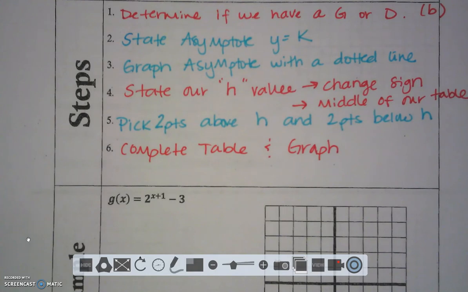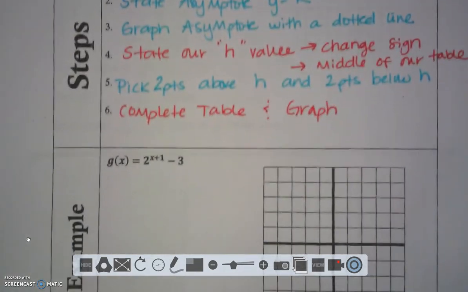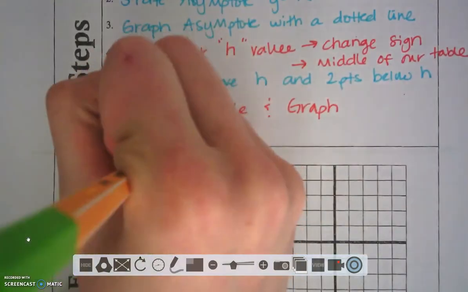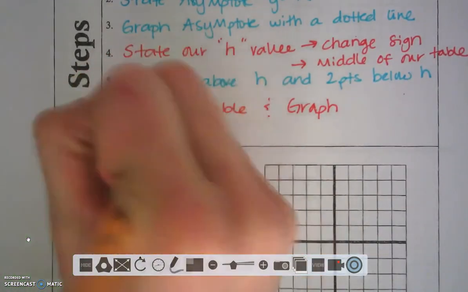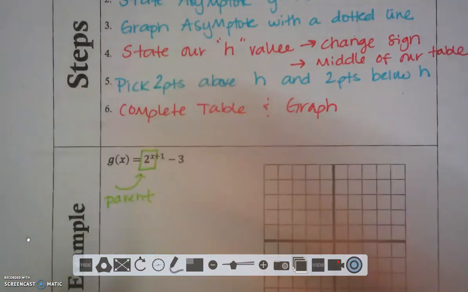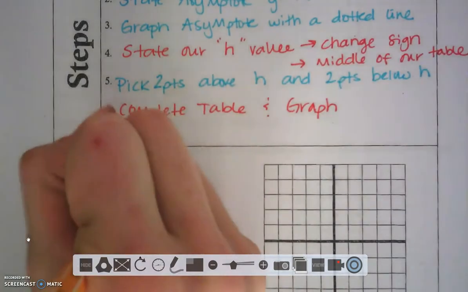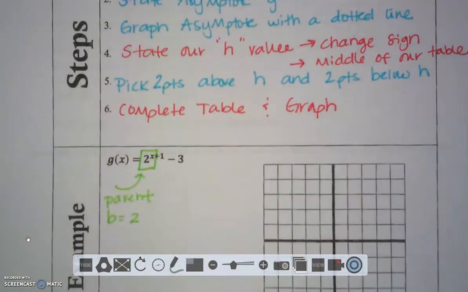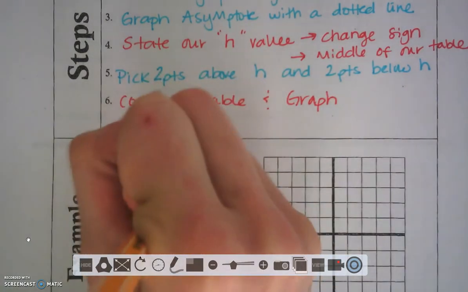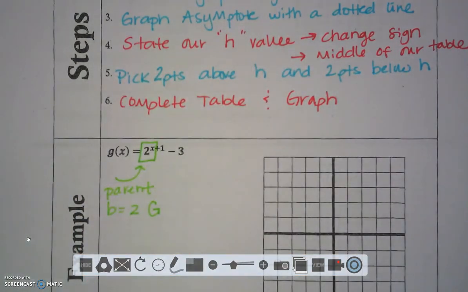So let's look at our example down here at the bottom. The first thing we have to do is, do we have a growth or a decay? Remember, that comes from your parent function here. My parent function has a base of 2. Is 2 bigger than 1? Yes. So we have a growth.